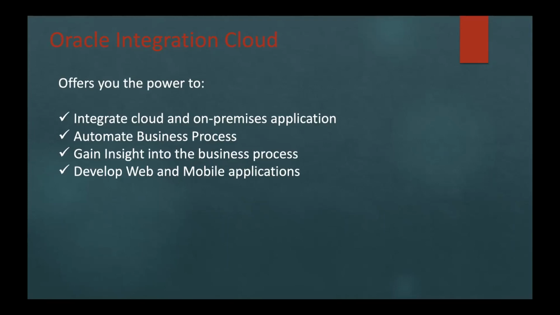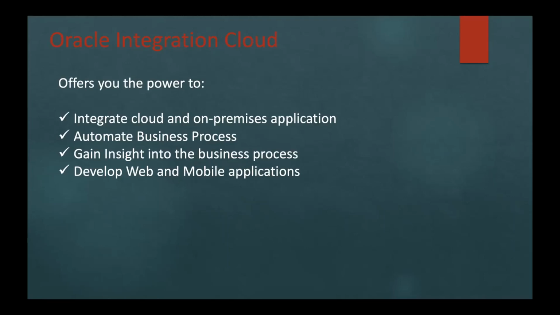However, OIC is a complete suite of different features, and ICS is one of the features of OIC. OIC offers you the power to integrate cloud and on-premises applications, which means you can transfer data from one place to another using the integration feature of OIC.